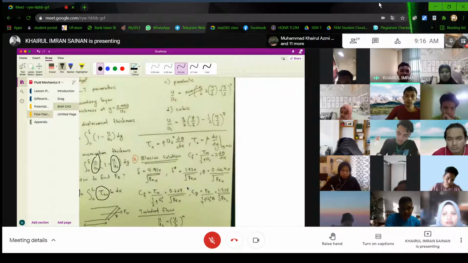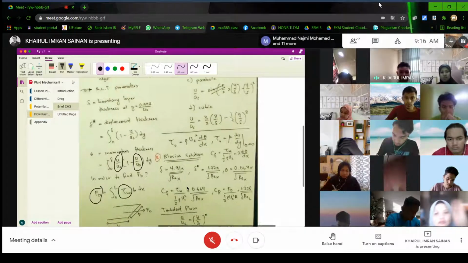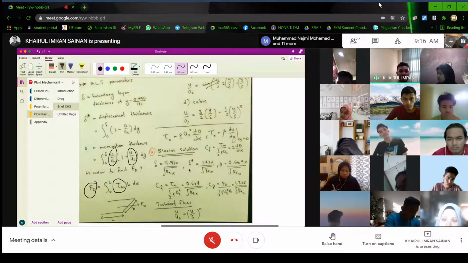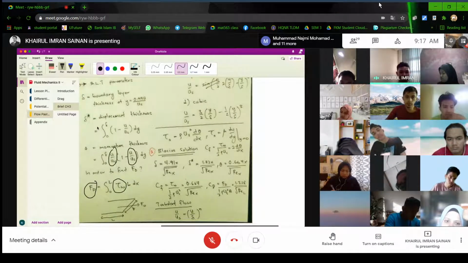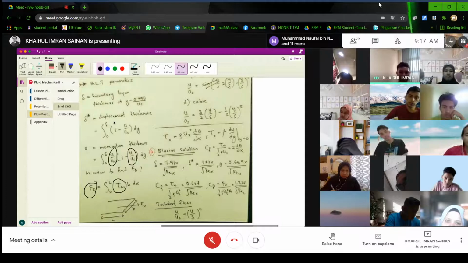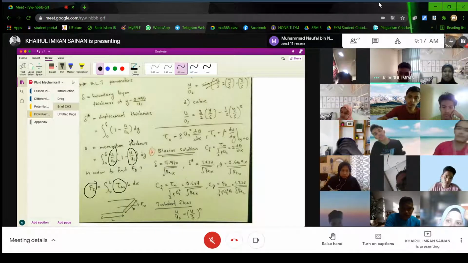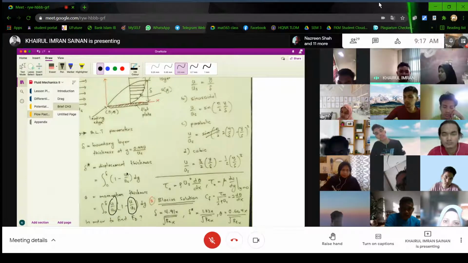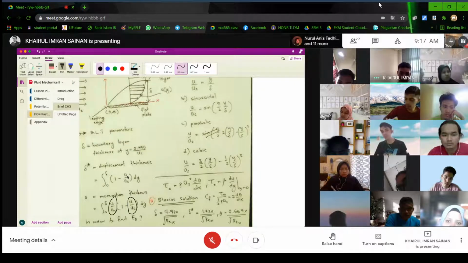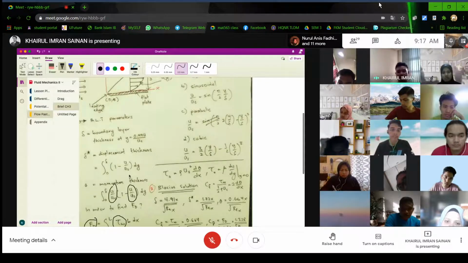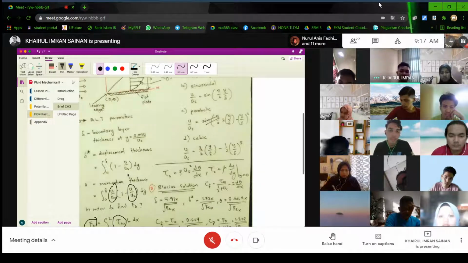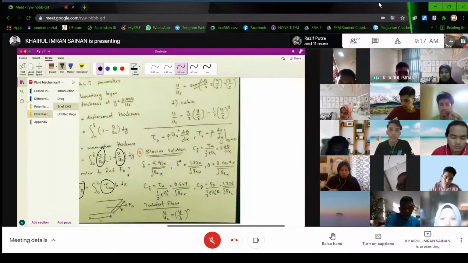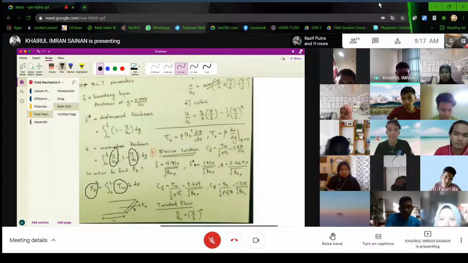For example, for delta star in the approximate approach, you need to put it into this equation. If your problem is linear, for example, you put y over delta into this one, integrate and get the final answer. But for the Blasius solution, it is directly given.